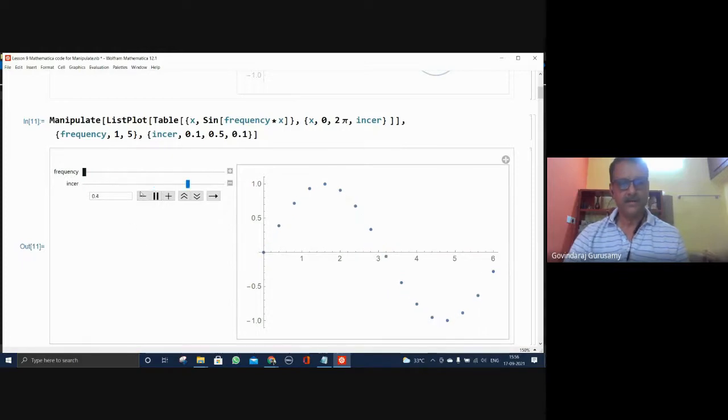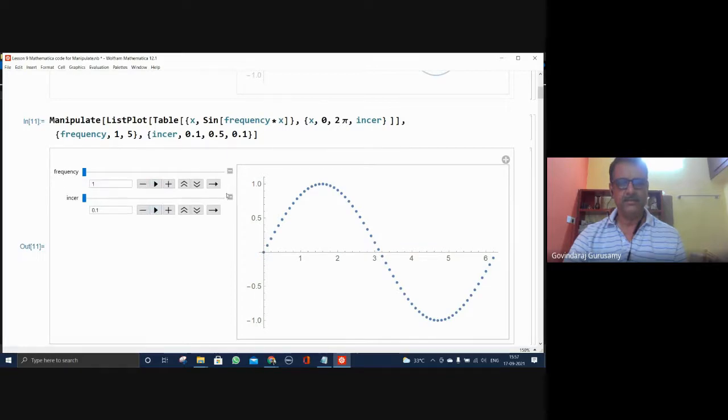So I added one more along with this manipulation. That's how it's done. Both are available as variables. By clicking here, if I look at plus, you will see the options that are available: play, minus and plus, increase, decrease, and the arrows for forward and backward.